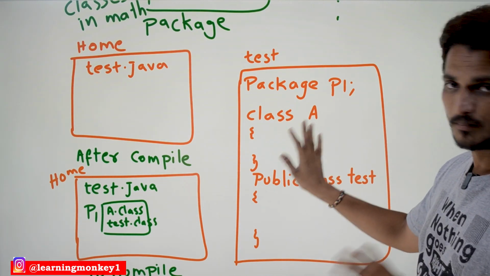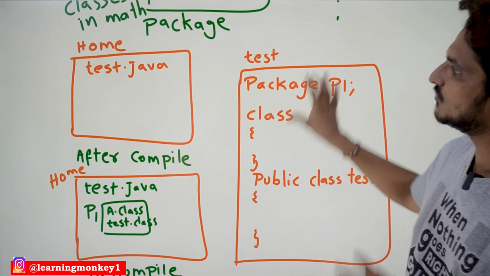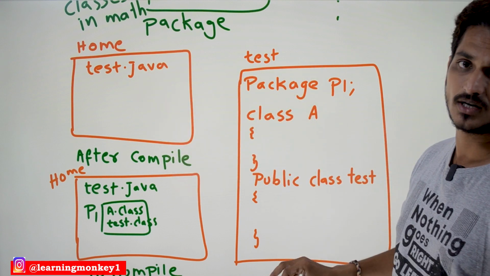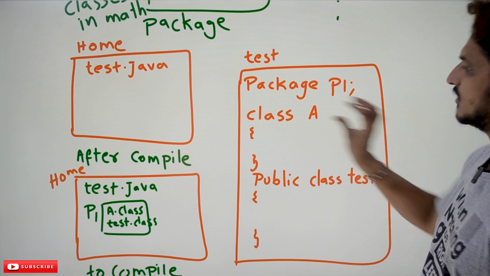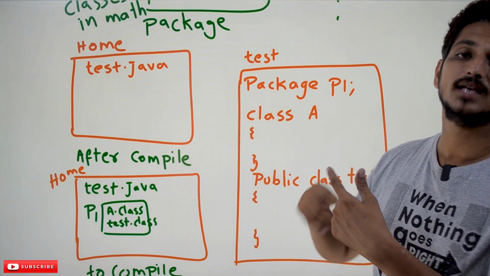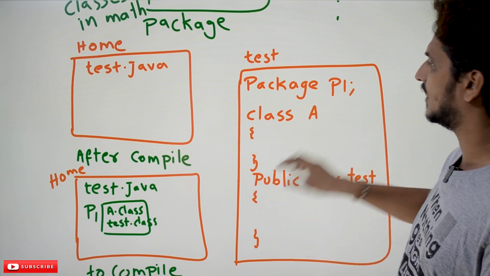Once you compile this, each class is converted into object code. A is converted into one object code. Test is converted into one object code. These converted object codes are placed in a package called p1.